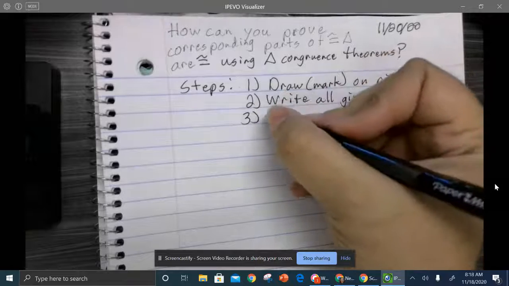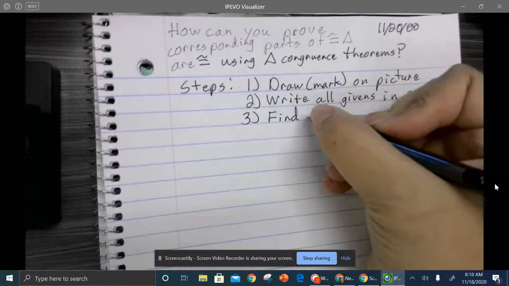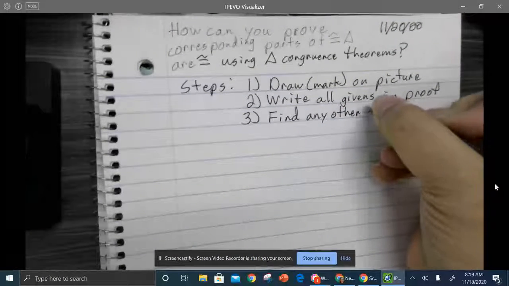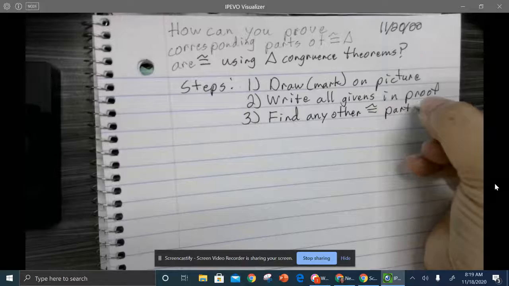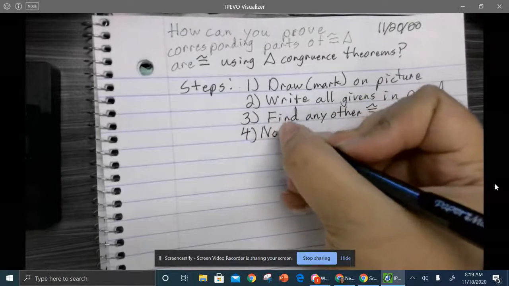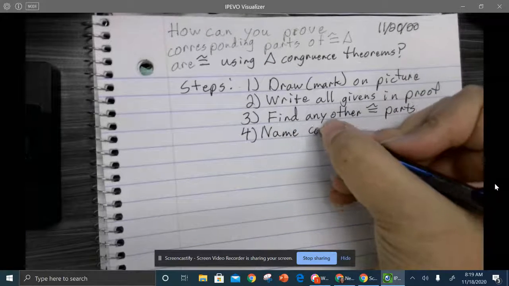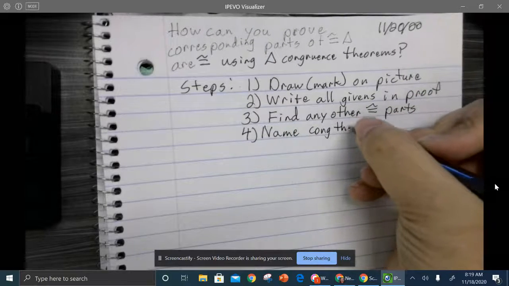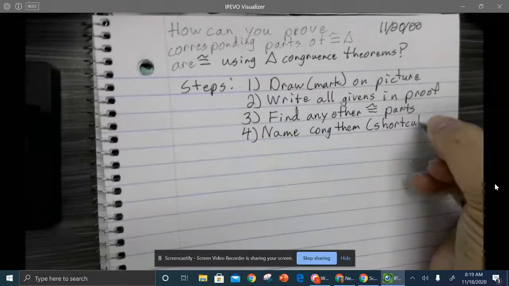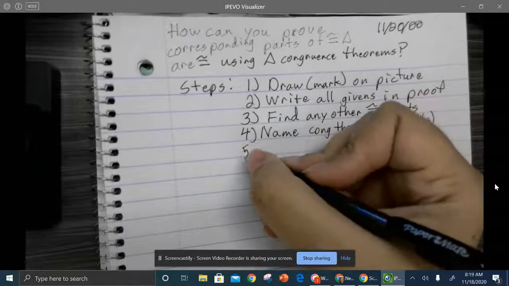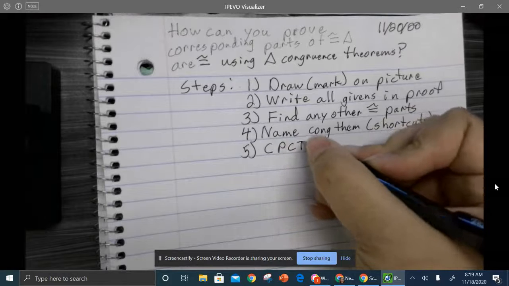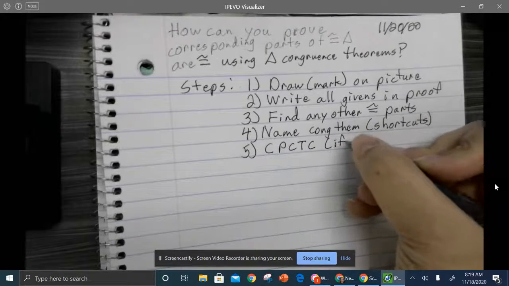And then you're going to find any other congruent parts. You're going to name the congruence theorem, or shortcuts. And then we're going to use corresponding parts of congruent triangles are congruent, if we need to.